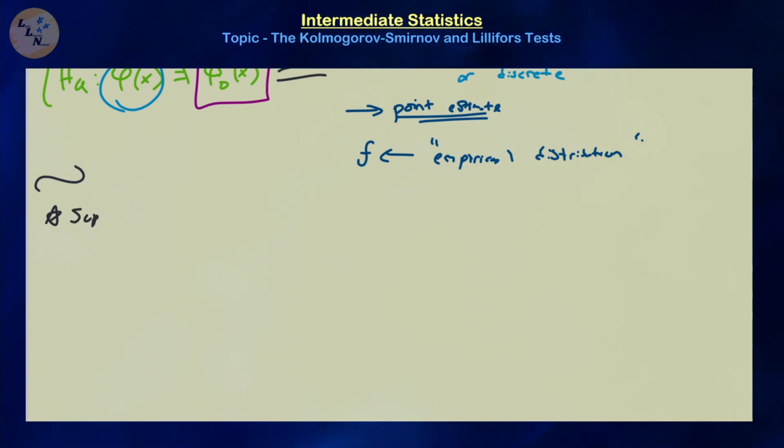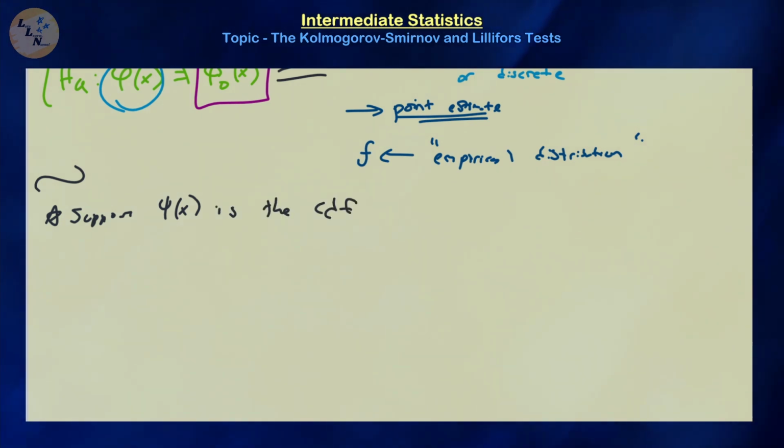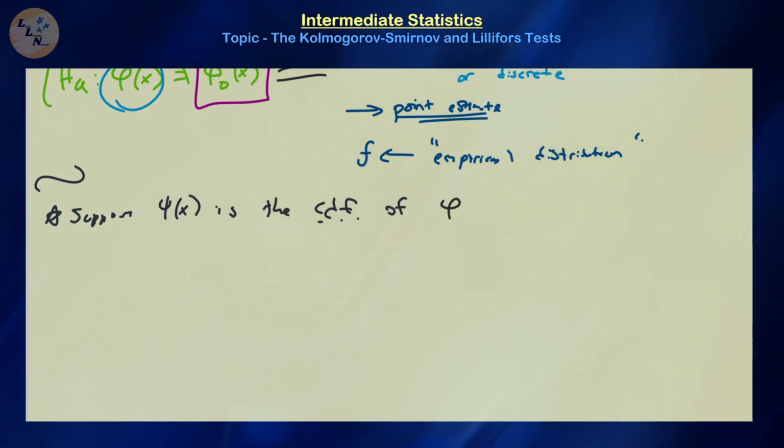So let us suppose that, let's call this distribution actually psi of x. So let's call psi of x the cumulative distribution function of the probability density function phi, right?